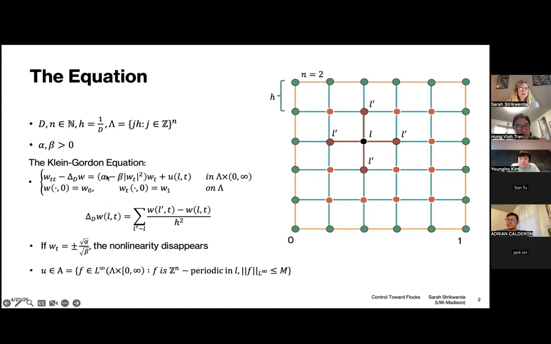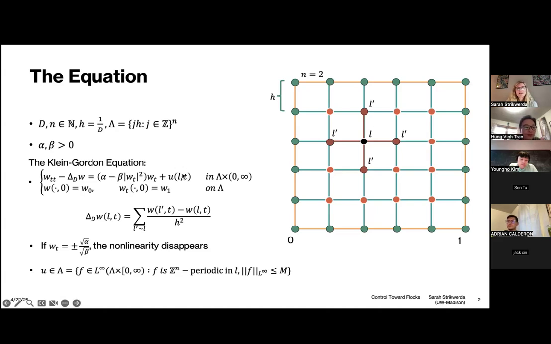And then over here we have the nonlinear part of the equation. And what we want to notice is that if your time derivative is equal to plus or minus the square root of alpha over beta, then this nonlinearity is actually going to go away, because we'll just have this squared and all of these terms will cancel out.